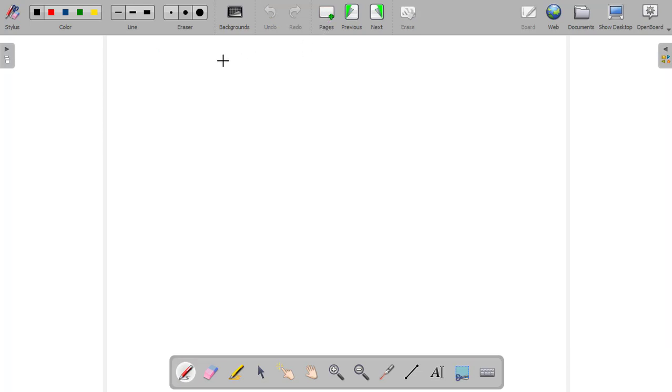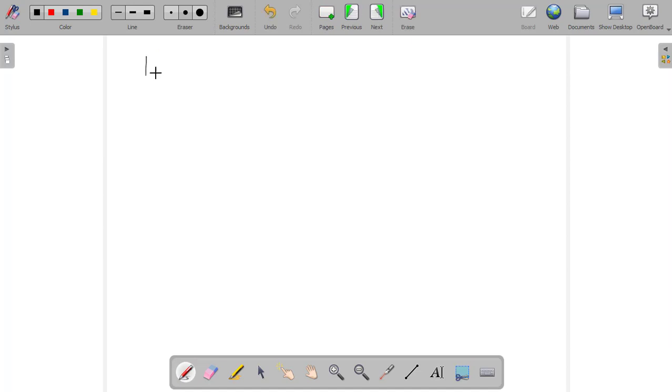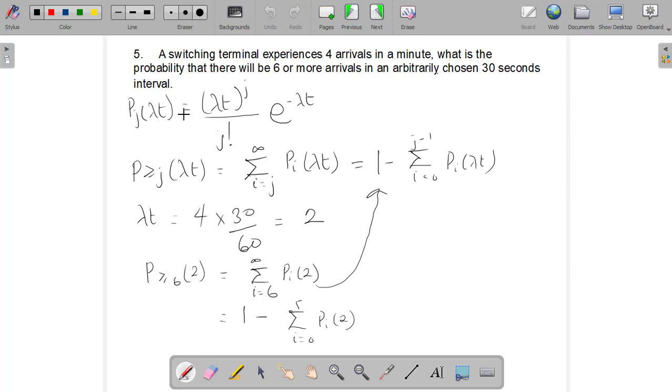By expanding this expression, recalling from the formula, p j of 2 looks like 2 to the power j over j factorial times e to the power minus 2.